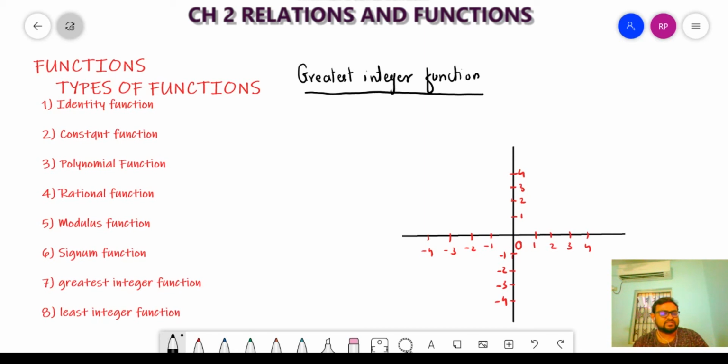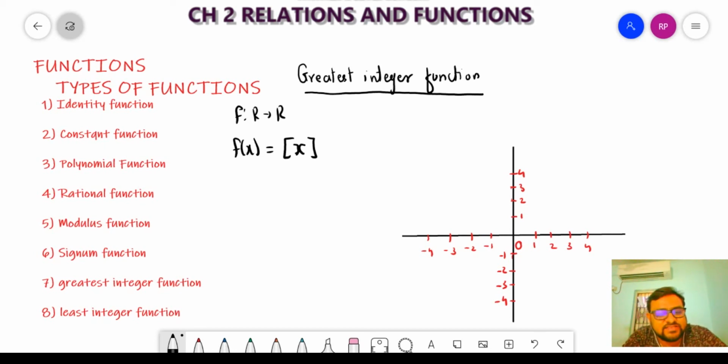Greatest integer function. Now see, this is somewhat different from all the other functions that we have done. Okay, f, I can take R to R, f(x) is equal to x in the square bracket, right? See, when it is written in square bracket, it is not only a bracket, but it means the greatest integer function.